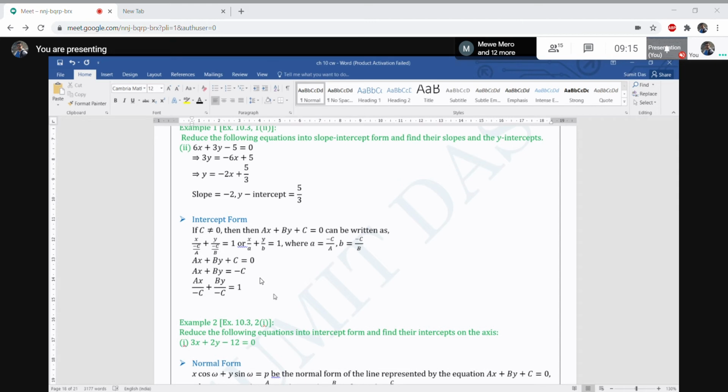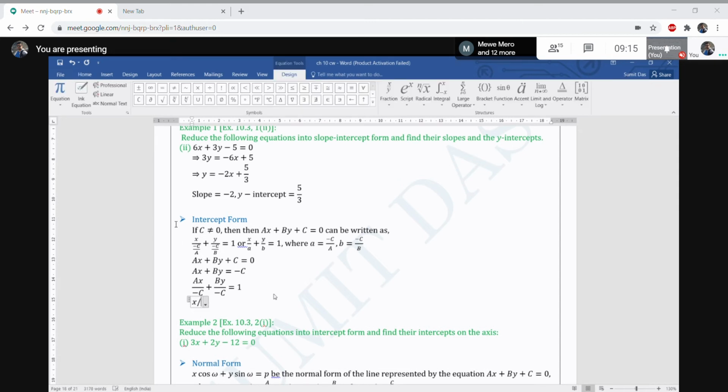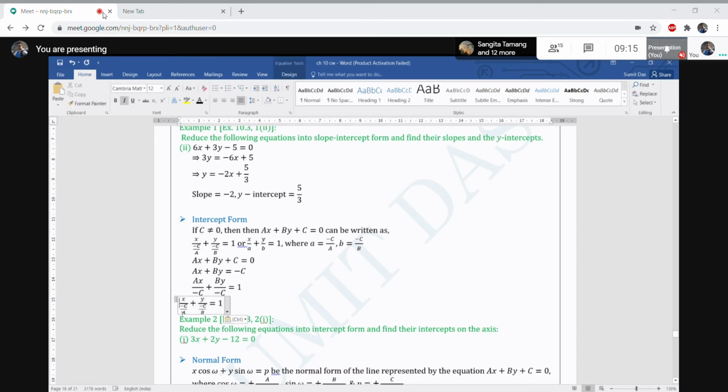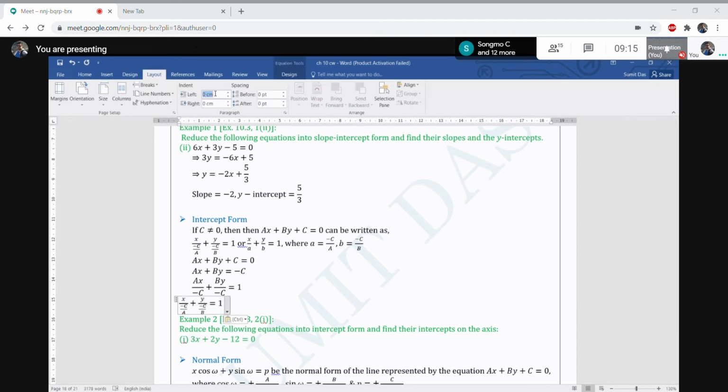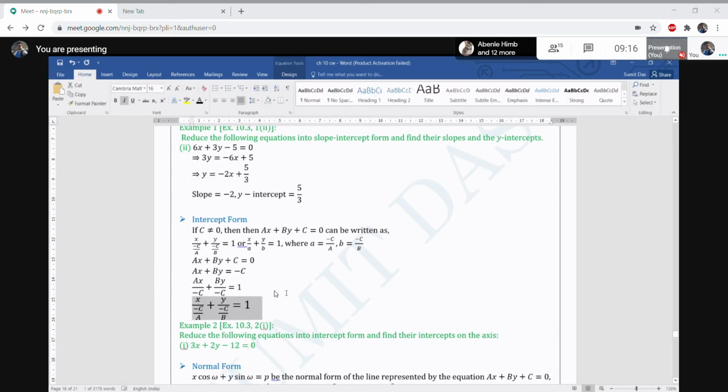After that, what we will do, we'll write like this. If it is ax divided by c, that means this a can move to the denominator of this c.